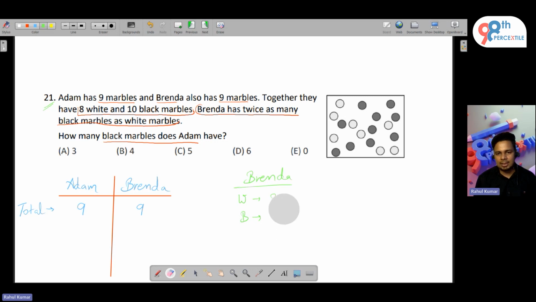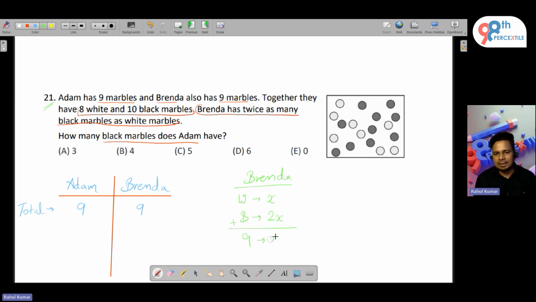So let's assume Brenda has x white marbles. This x could be anything: 1, 2, 3, 4, 5. If it is x, we need to find double of x as black marbles. So what will be double of x? x plus x, or you can just multiply x with 2, so it will be 2x. And when we add the number of white and black marbles Brenda has, it is 9.